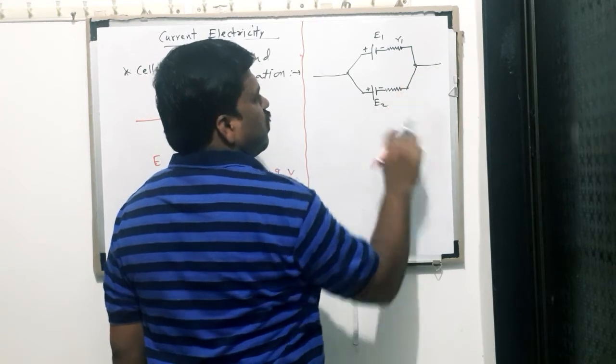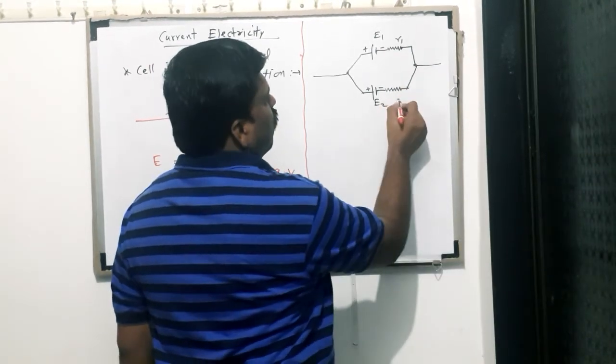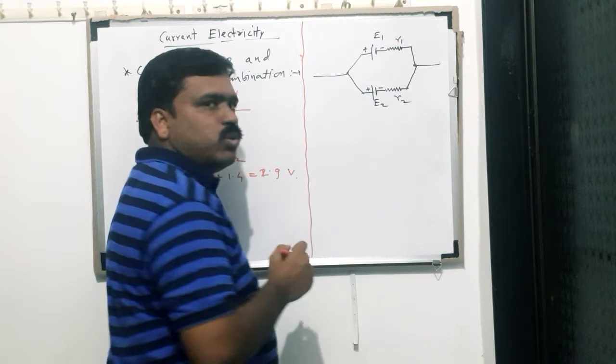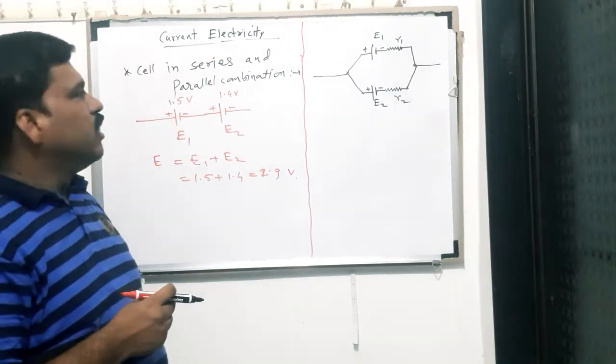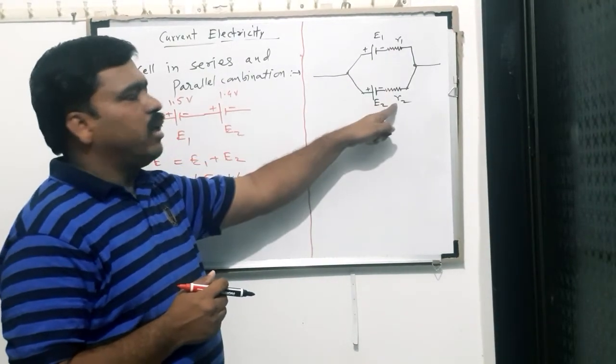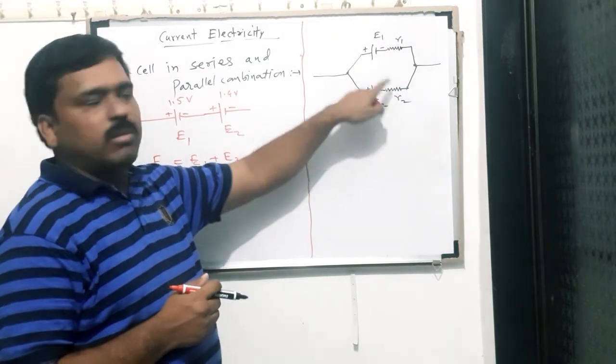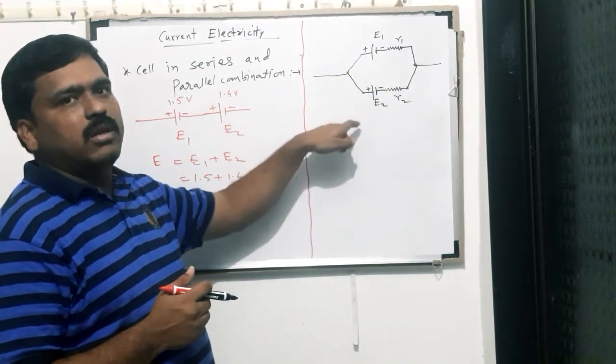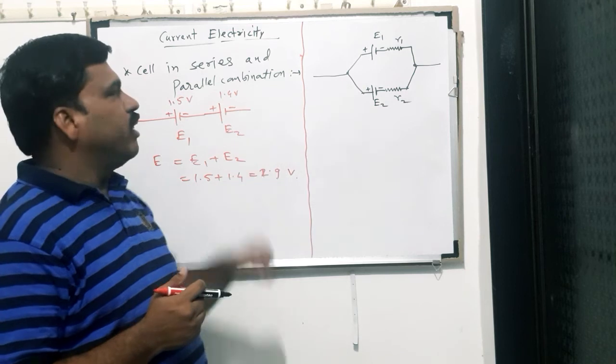And this is the internal resistance for cell E2, which is r2. These are the internal resistances r1 and r2 for the cells of EMF E1 and E2 respectively.